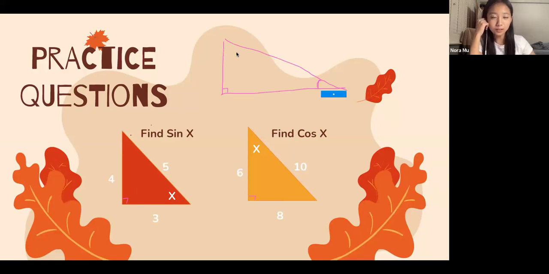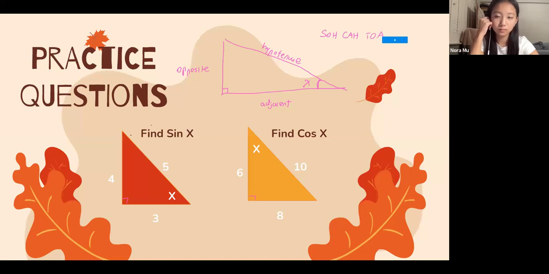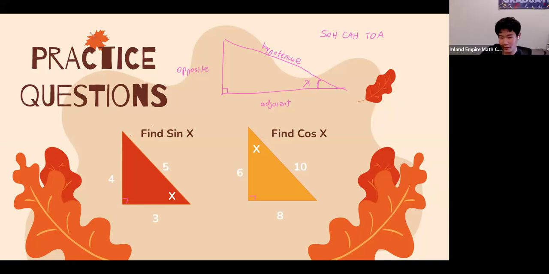So we're going to give you a second to try these questions out. So the goal here is just to find the relationship. It doesn't have to be one single number.